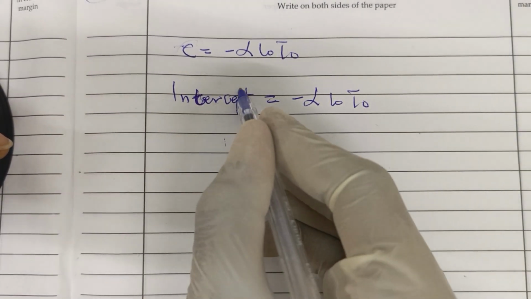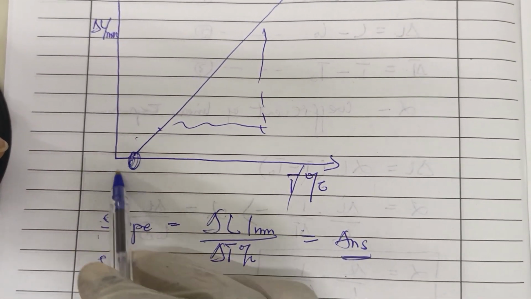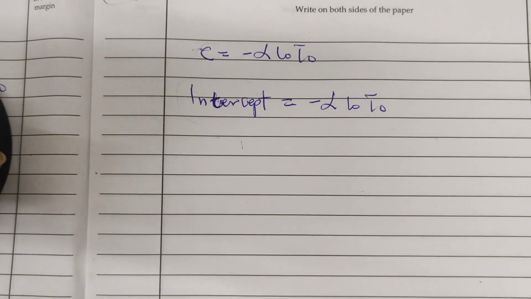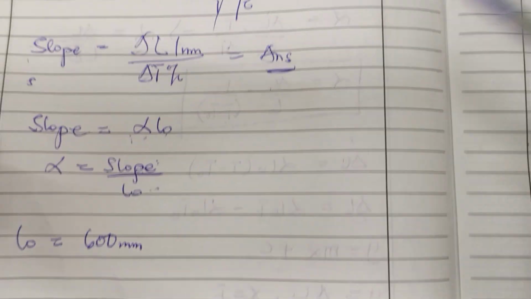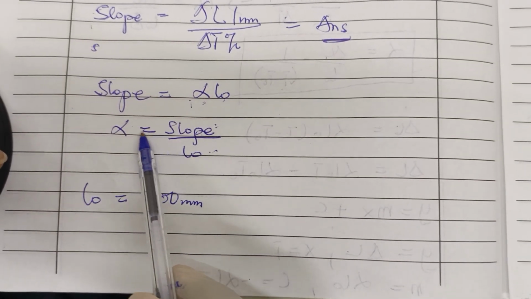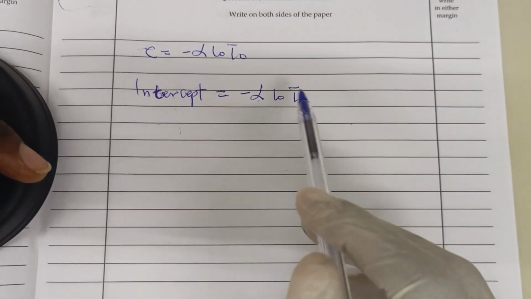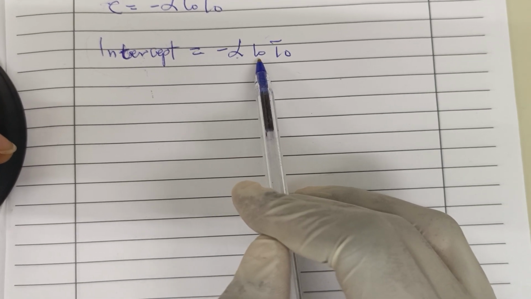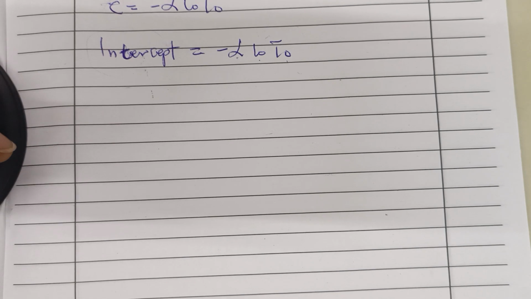We know this from the graph. We read this value from the graph. We know this from here, we just found it: the coefficient of linear expansion using the slope. We know L naught, right? So we can find the value of change in L at 80.